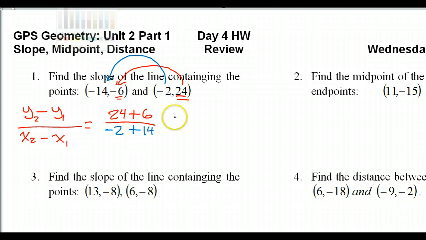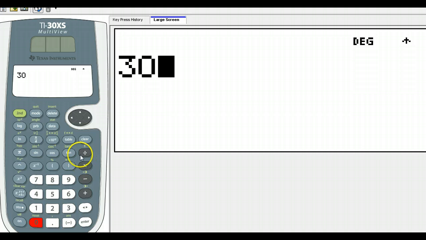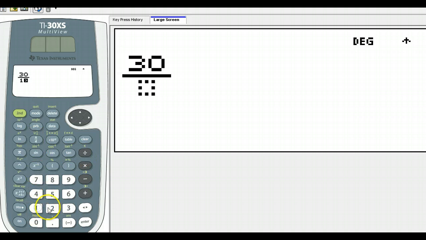Okay, so that is going to be 30 over 12, which is going to reduce. Alright, both of these are divisible by 3, but if you're bad at doing fractions, okay, so that's going to be 5 over 2.